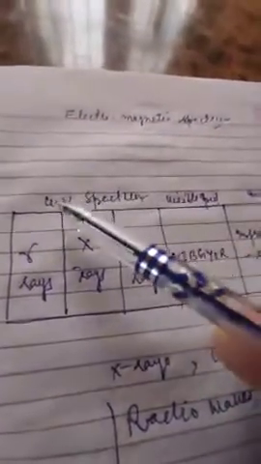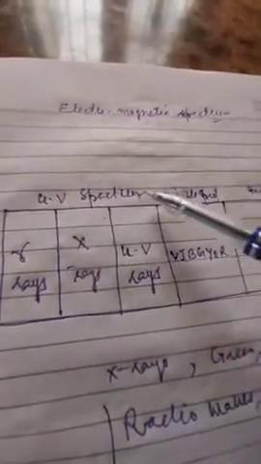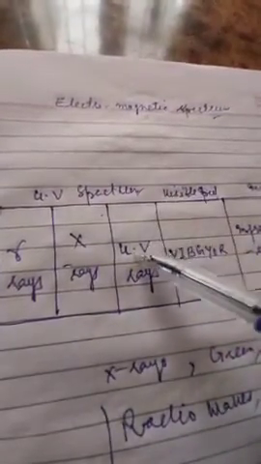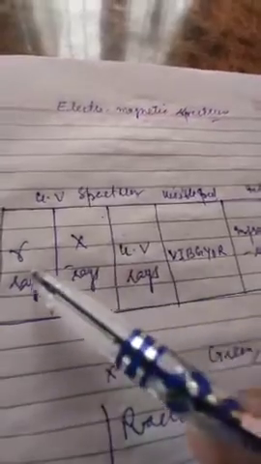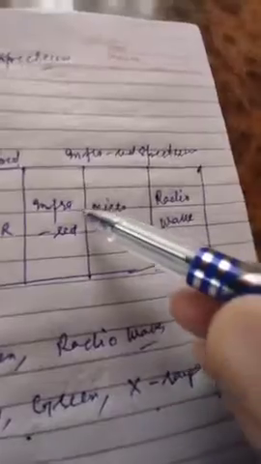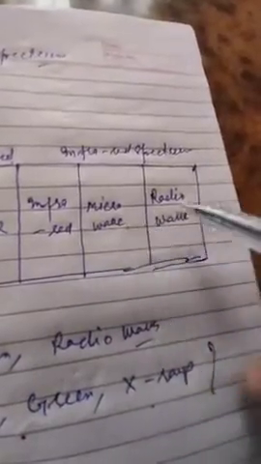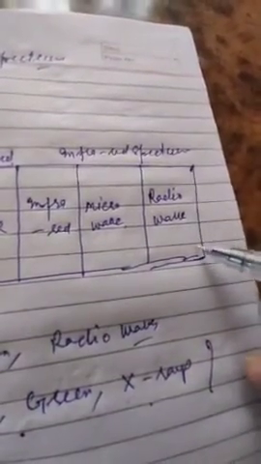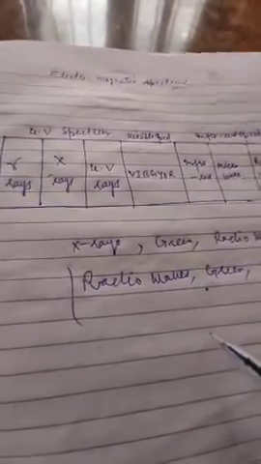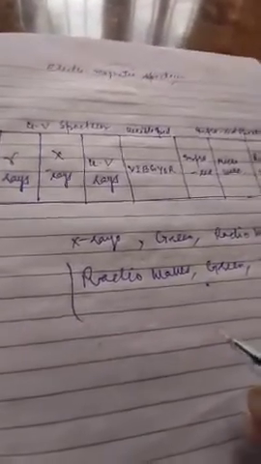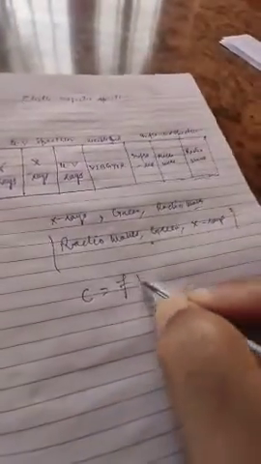You also have to learn that the ultraviolet spectrum consists of UV rays, X-rays and gamma rays, and the infrared spectrum consists of infrared rays, microwaves and radio waves. Now, the relation between the speed, frequency and wavelength of electromagnetic waves: you can write c = fλ.